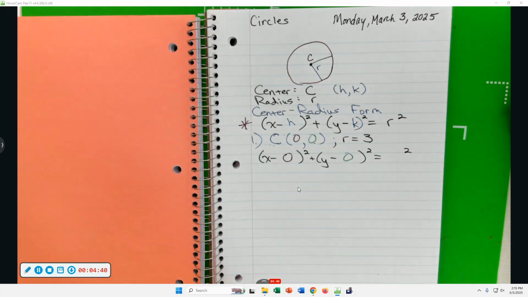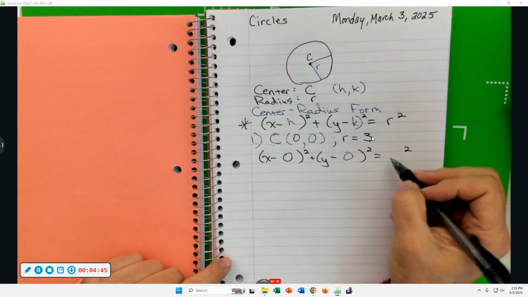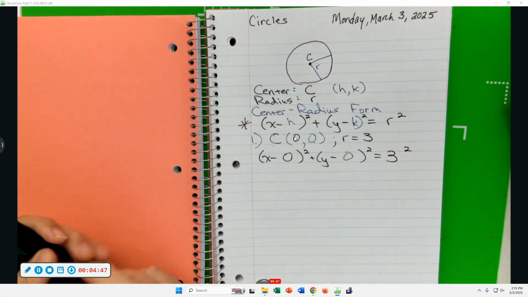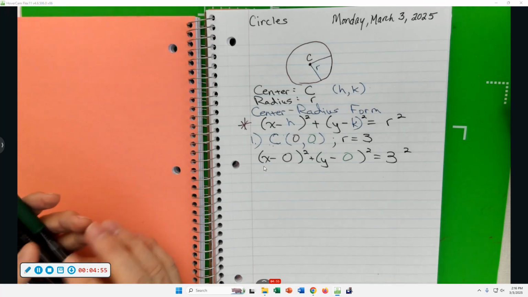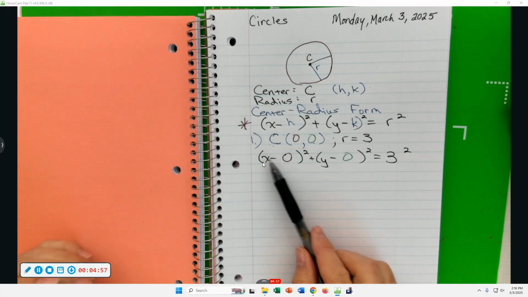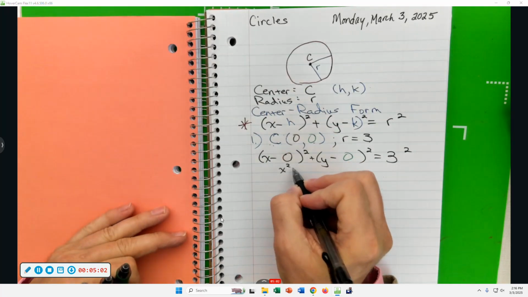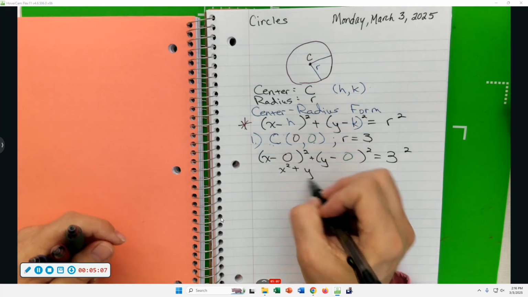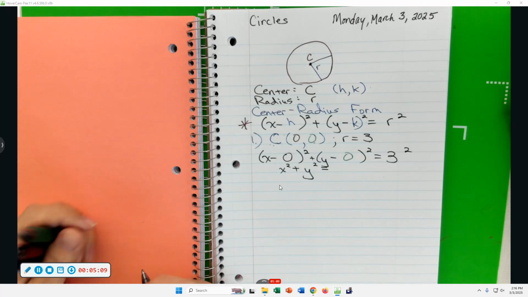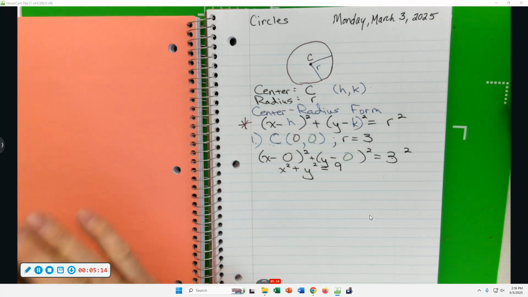And on the right hand side, we take whatever the radius is, and we're going to square it. Circles that are centered at the origin 0, 0 are certainly the nicest circles in terms of equations, because x minus 0, that's just an x. So we have an x squared plus y minus 0. That's just a y. So y squared equals 3 squared gives me 9.